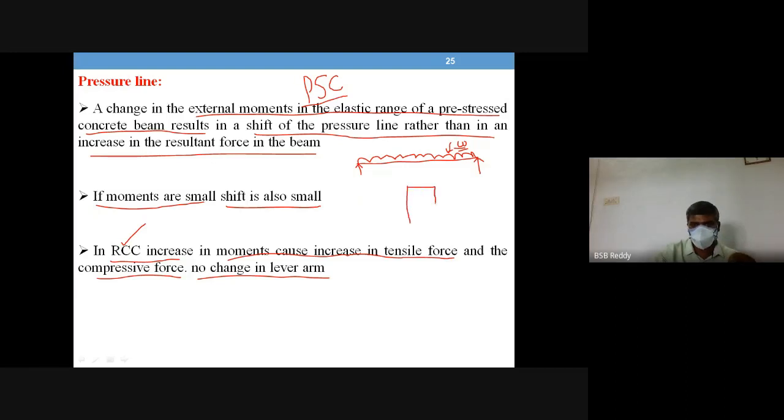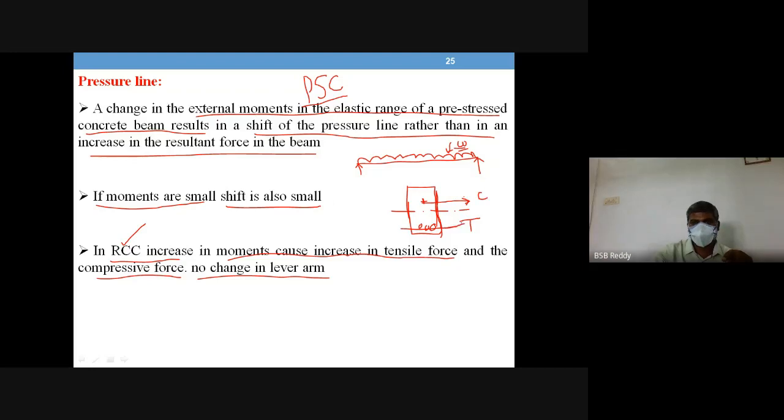See, this is an RCC beam, where you have steel bars kept here. This is the location where tensile force develops, and somewhere in the concrete is the location where compressive force acts.